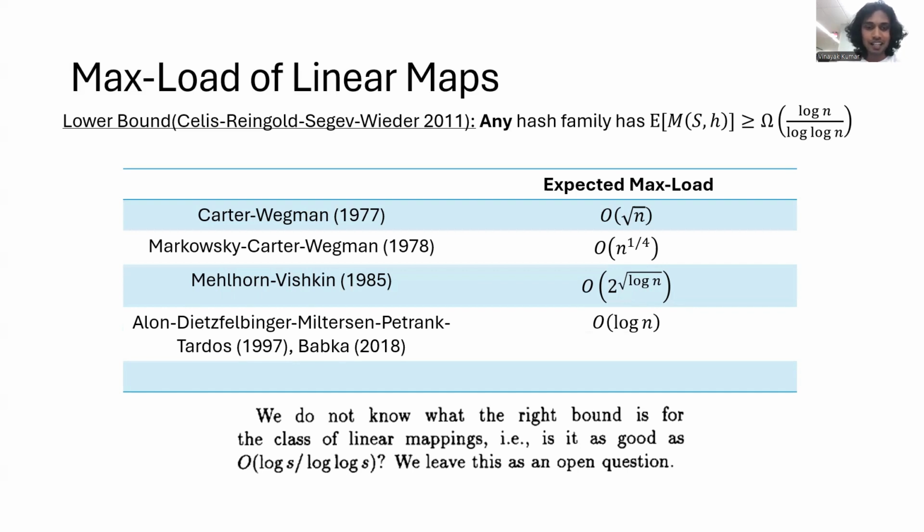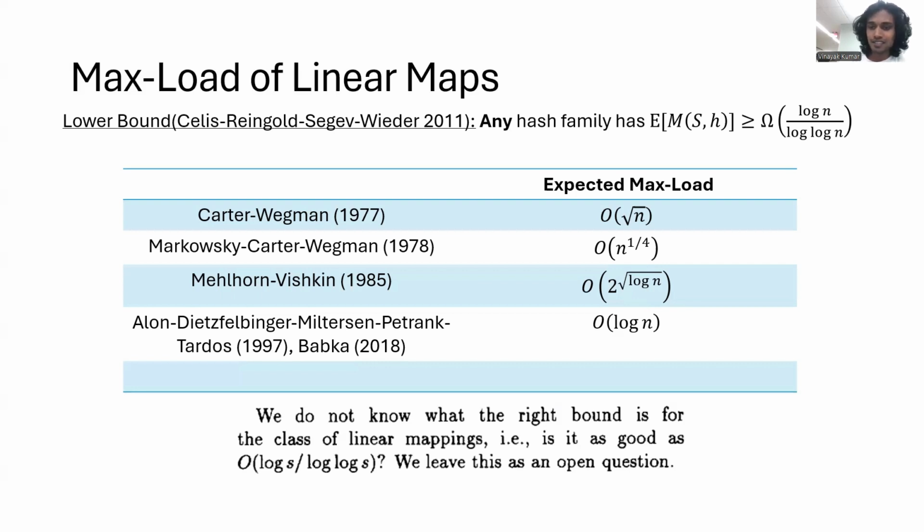Unfortunately, you can't, because if you run their argument through a fully random map, that argument will still only yield a log n max load, even for a fully random map. So you need some sort of different argument or different idea in order to hope to get a log n over log log n.